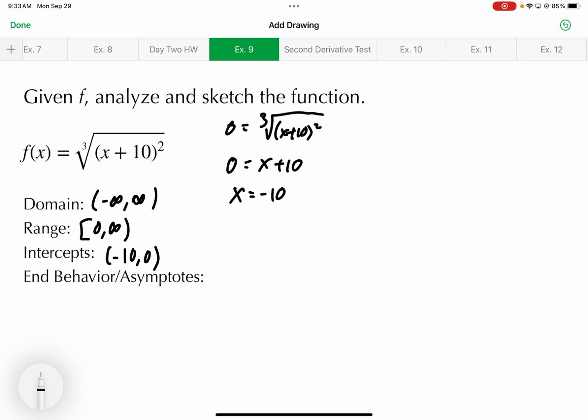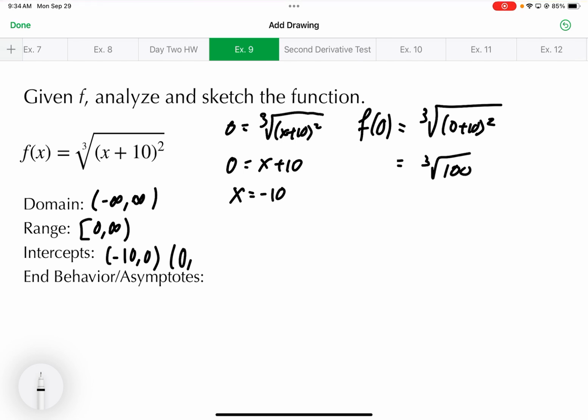But we also need to find our y-intercept. So let's plug in 0 for x. f of 0 is going to equal the cubed root of 0 plus 10 squared. But Ross is right, it's just the cubed root of 100. What is the cubed root of 100?